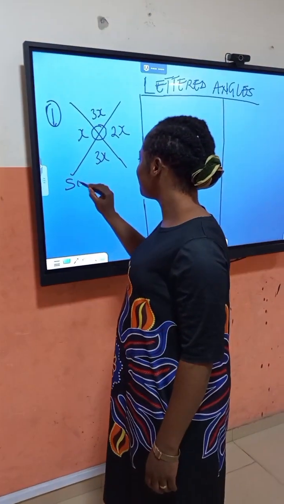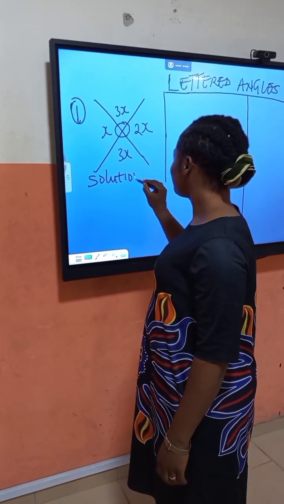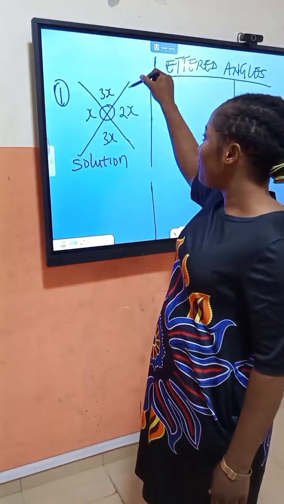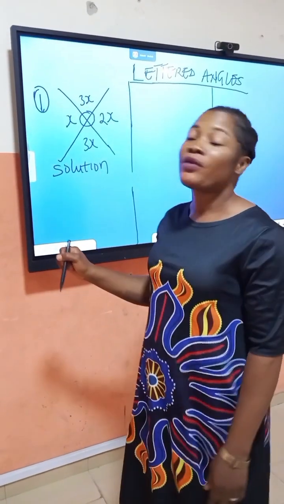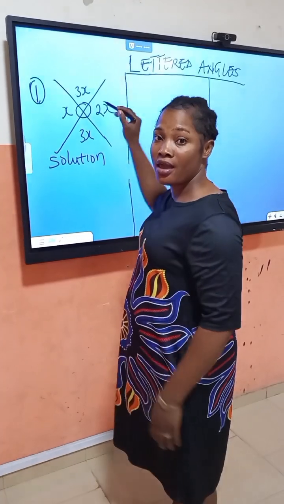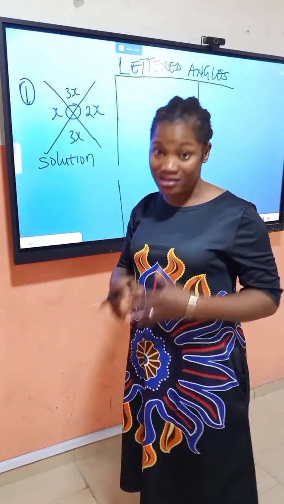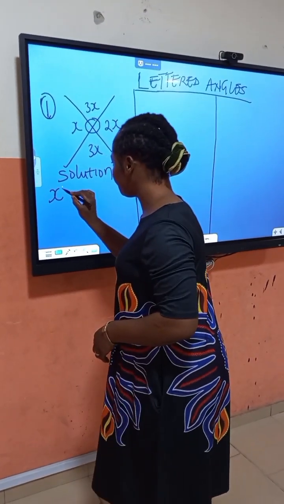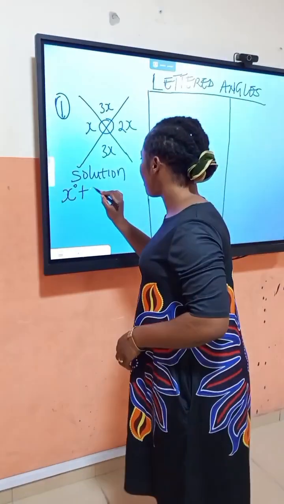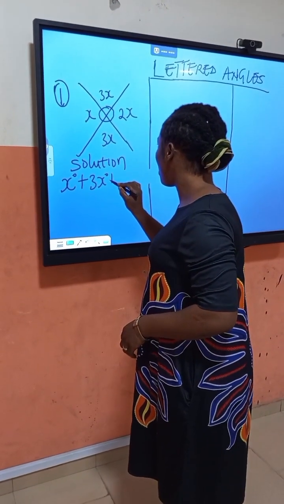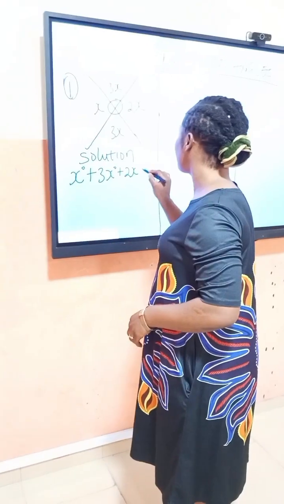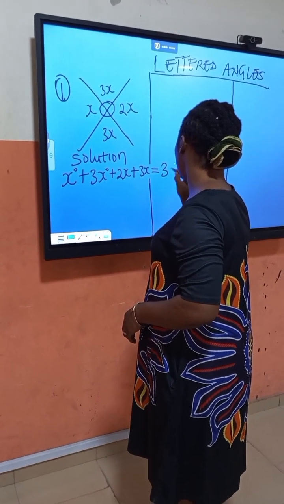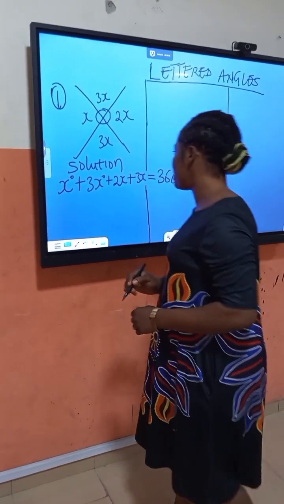Solution. Since this is angles at a point, we are going to add everything here and equate it to 360 degrees. So I have x degrees plus 3x degrees plus 2x degrees plus 3x, all equal to 360 degrees.